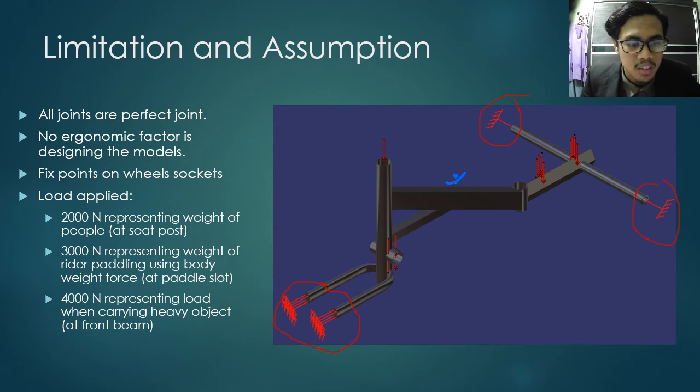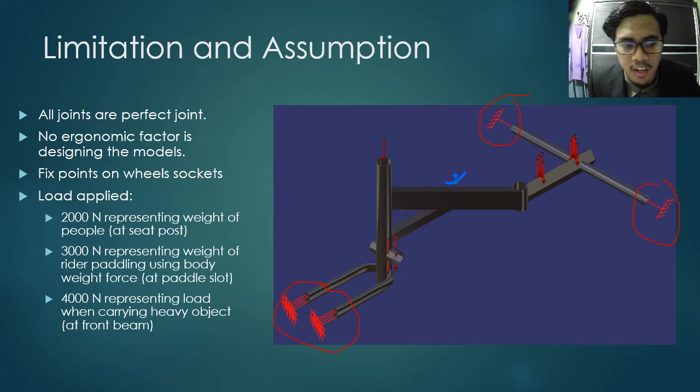Another one is the force when the rider is pedaling the tricycle, which is set at 3000 Newton, which is very high, so that we can know the model can withstand the pedaling force.